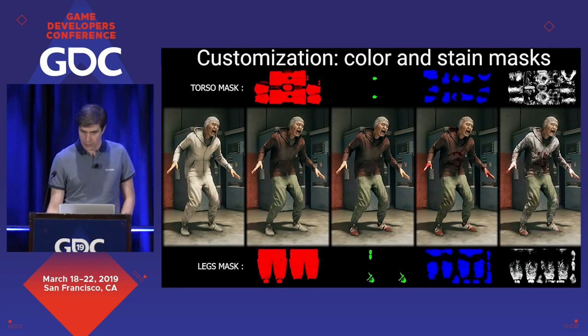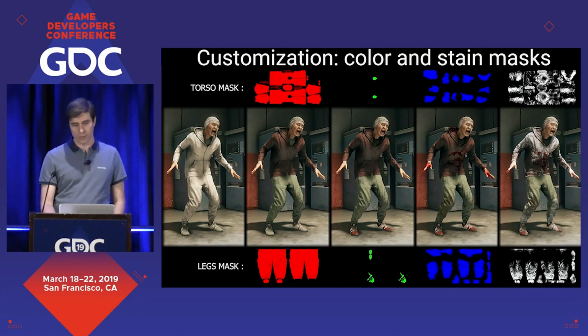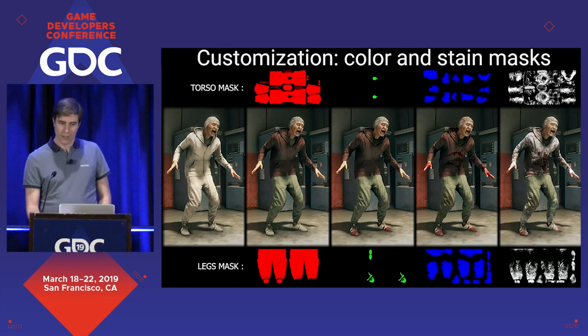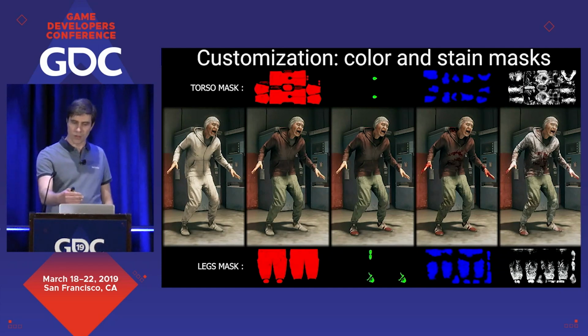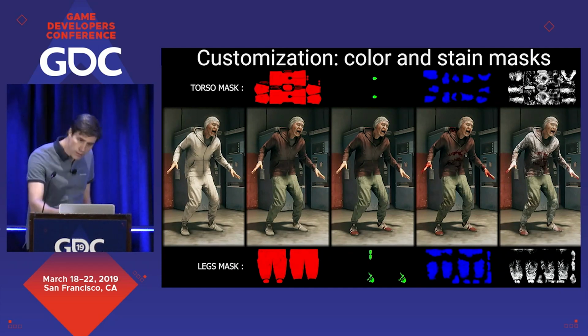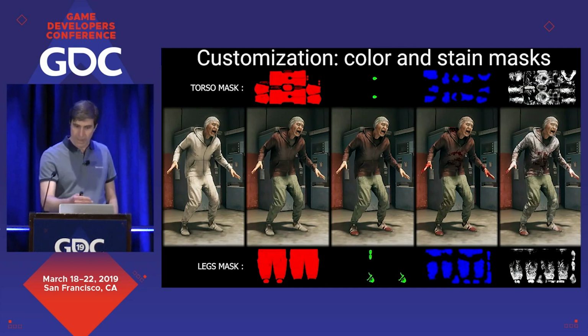Let's look at how it works in practice. We start with a grayscale, almost grayscale zombie. Then we colorize the pants and hoodie, in this case, in different colors. Then on top of that, we colorize the t-shirt and boots.